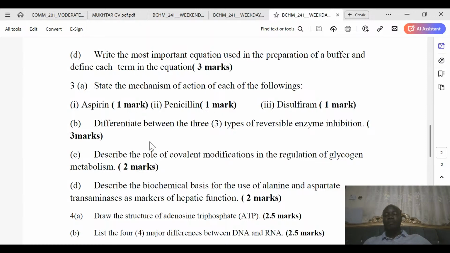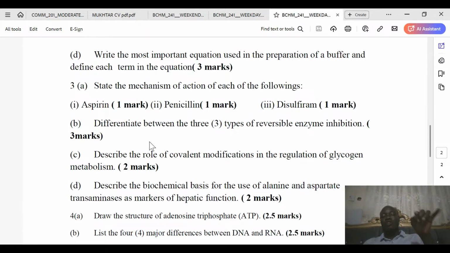In their cell wall they have peptidoglycan. All the bacteria, both gram-positive and gram-negative, have peptidoglycan.